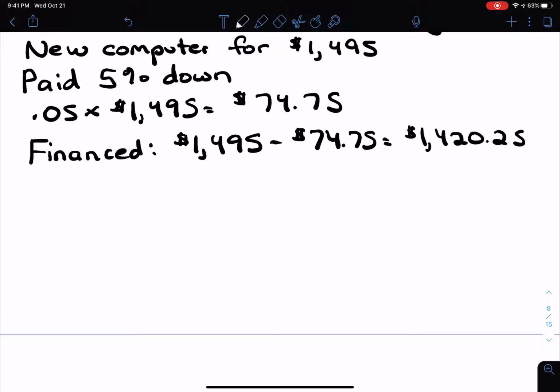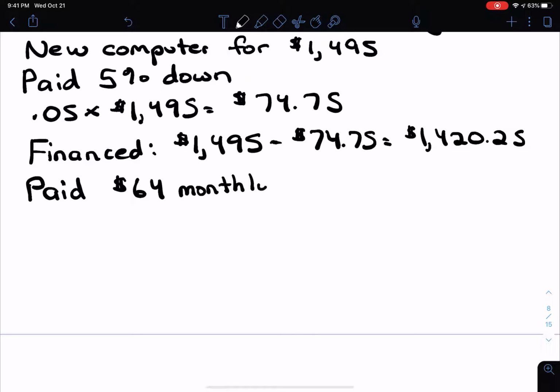Then the person paid $64 a month for 24 months. The problem doesn't tell us what the interest rate was. In fact, we're going to find it.